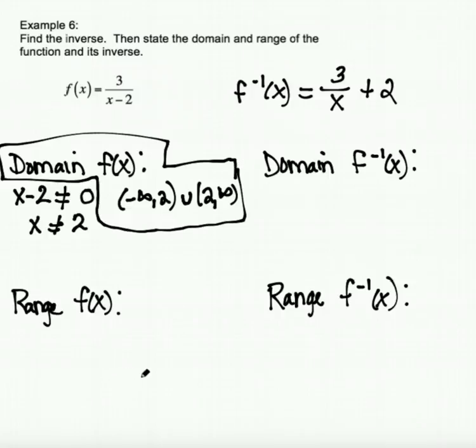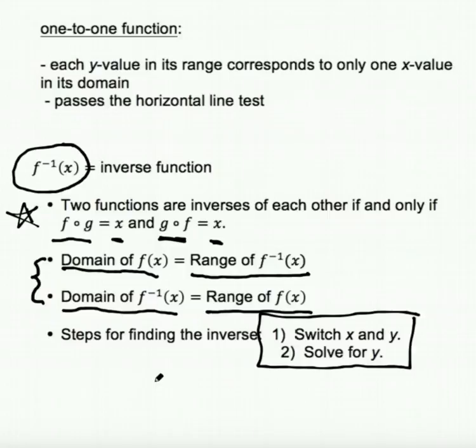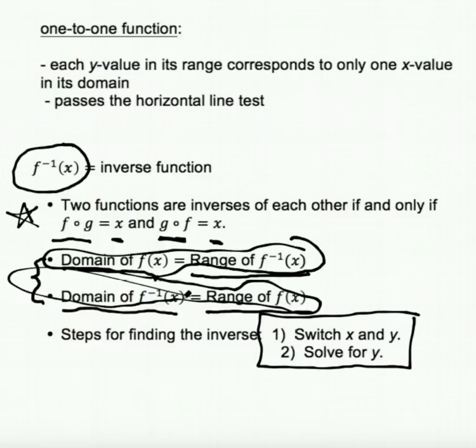All right. Now, if you refer back to the original page, the first thing we did at the beginning of the notes, I'm going to flip back to it. It says that the domain of your original is equal to the range of your inverse. And the domain of your inverse is equal to the range of the original.